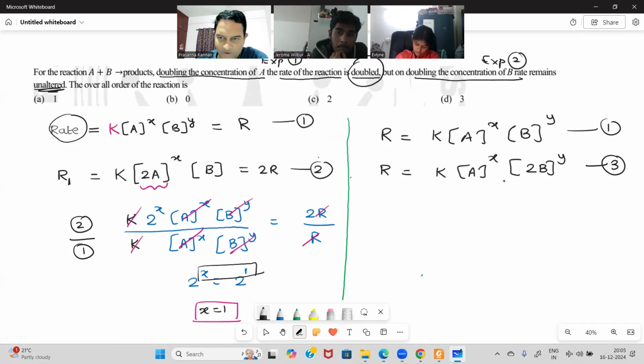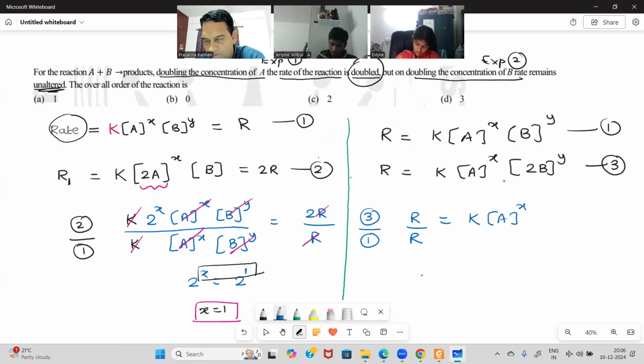Okay, Ranika, can you explain from here? What is my next step? So then we have to divide 3 by 1, sir. Yes. So what do you get? Come on. R by R is equal to K A power X. How can I write 2B power Y? 2 to the power Y into concentration of B to the power Y, sir.